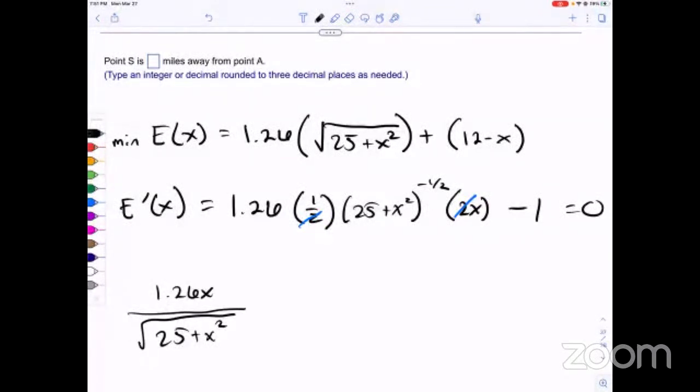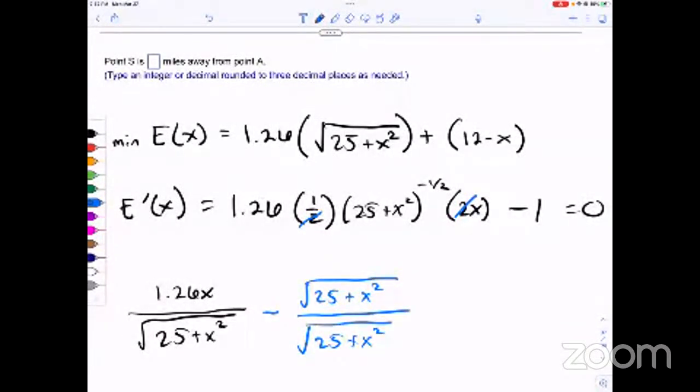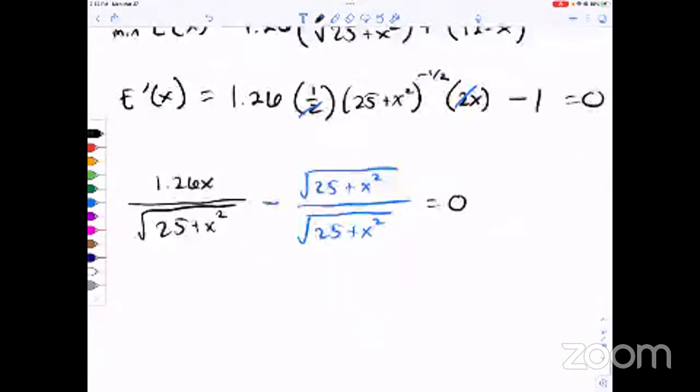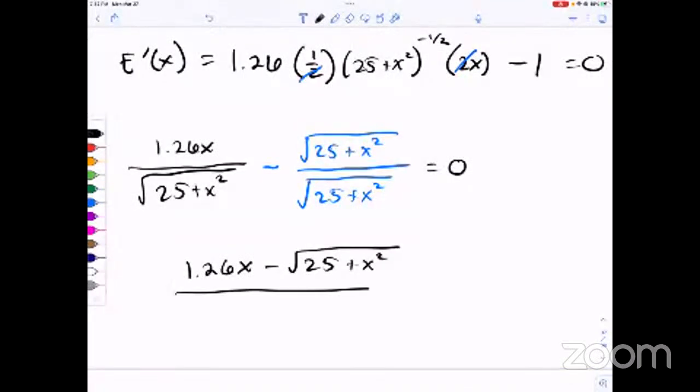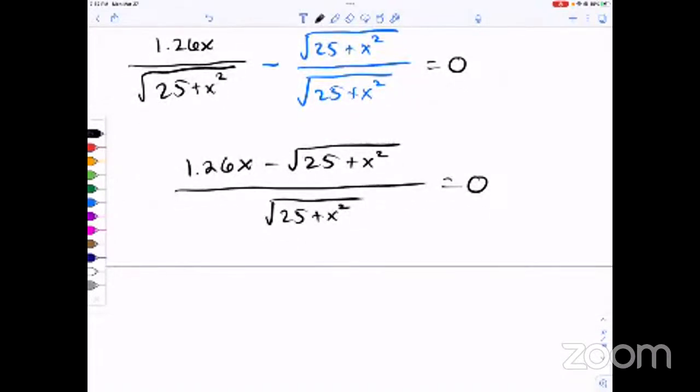Now the minus 1, I'm going to rewrite as minus the square root of 25 plus x squared over itself. Equals 0. So we get 1.26x minus the square root of 25 plus x squared, over the square root of 25 plus x squared, equals 0.